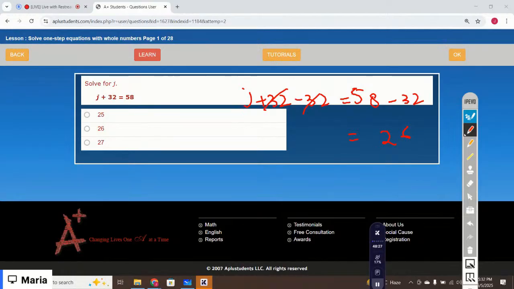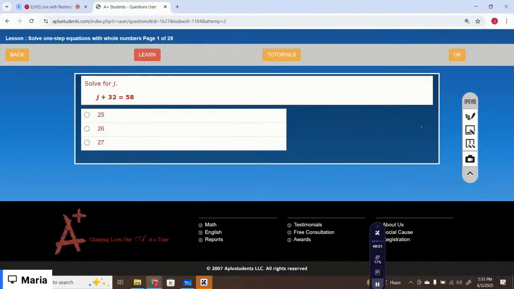So that is 26. Option number 2 is the correct option, that is 26.